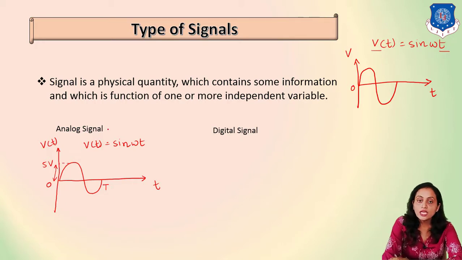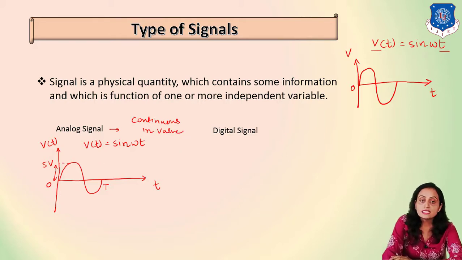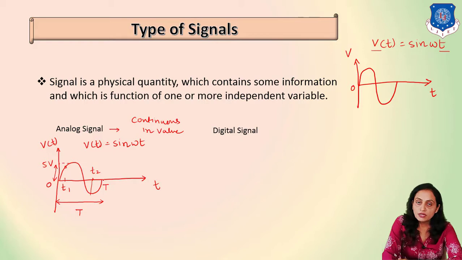So we can say the analog signal is the signal which is continuous in value. And if the time period is from 0 to t, and you take any instant, say instant t1, then you will find the value of the signal at this particular instant. If you take one more instant, let's say t2, then you will find the value of this signal at this instant.